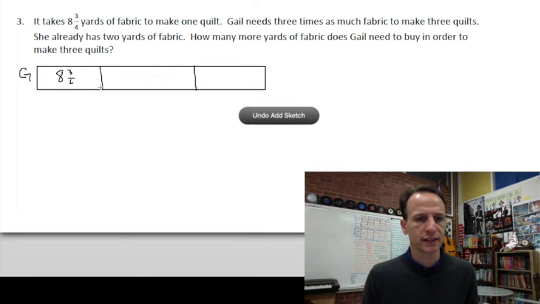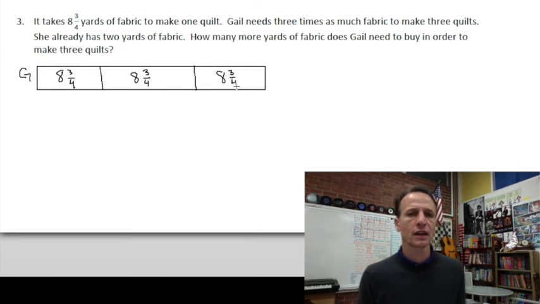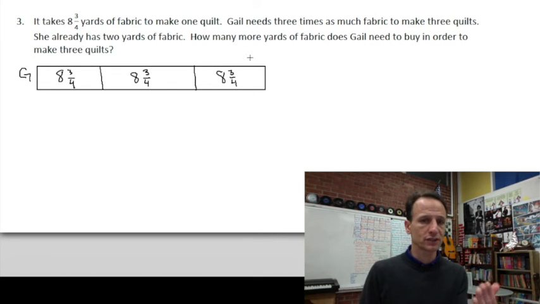I know that slanted line I sometimes do on my 4s. I'm trying to get better at that. This is 8 3/4. And this is 8 3/4. Now here's the thing. She already has 2 yards of fabric. Okay, so look, she doesn't need to buy those 2 yards there.